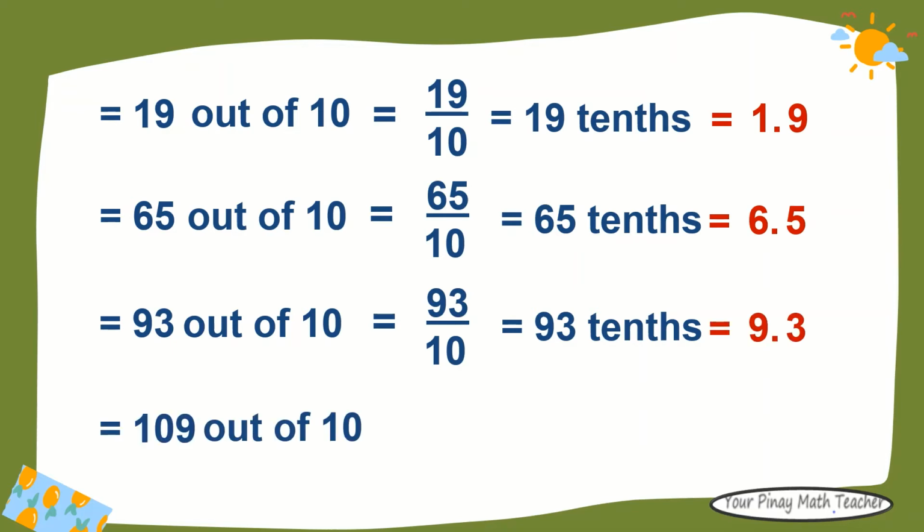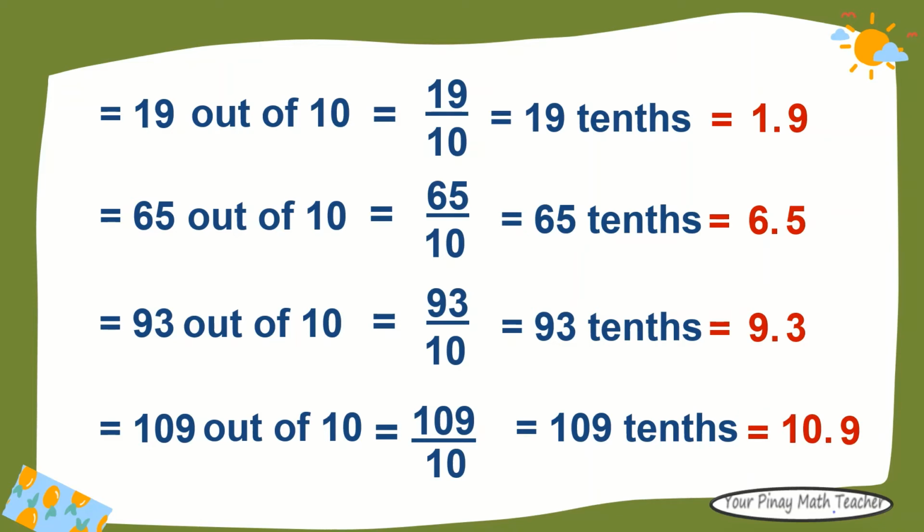What about 109 out of 10? We have 109/10 or 10.9. As you can see, all decimals in tenths have only one decimal place.